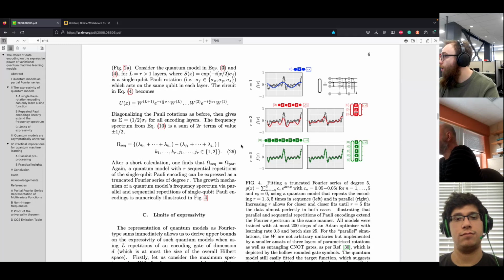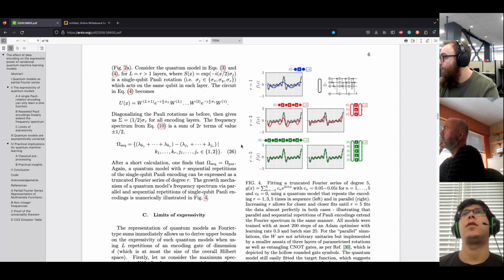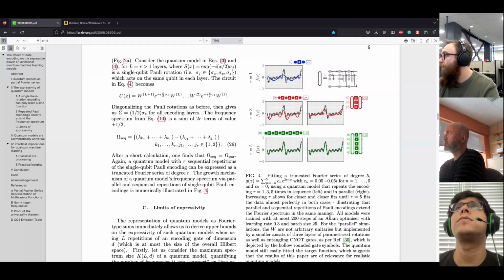But in this case, how do they apply the points sequentially, point after point? Or do they learn the parameters of the gates and use those parameters for the next points sequentially? How do you process the entire sequence in that kind of circuit?